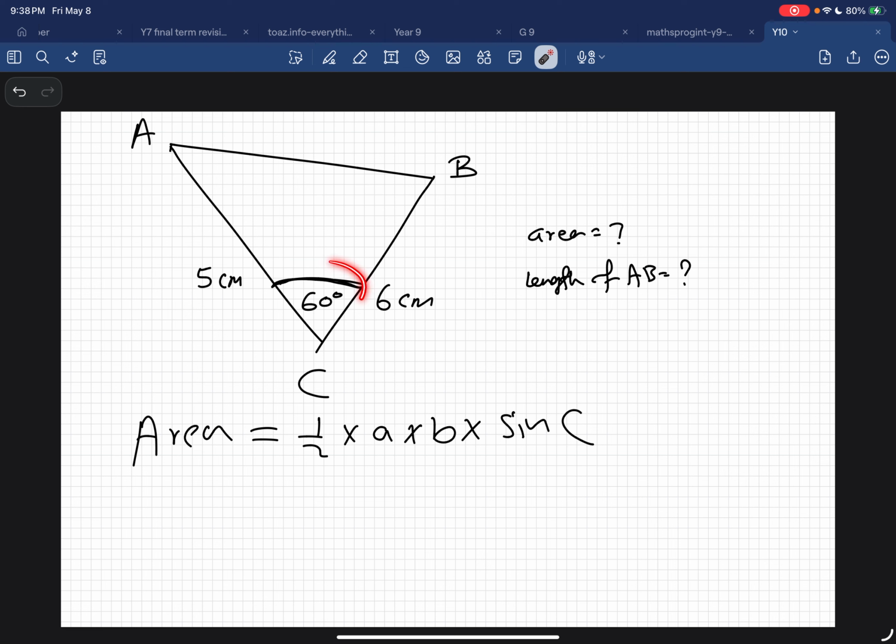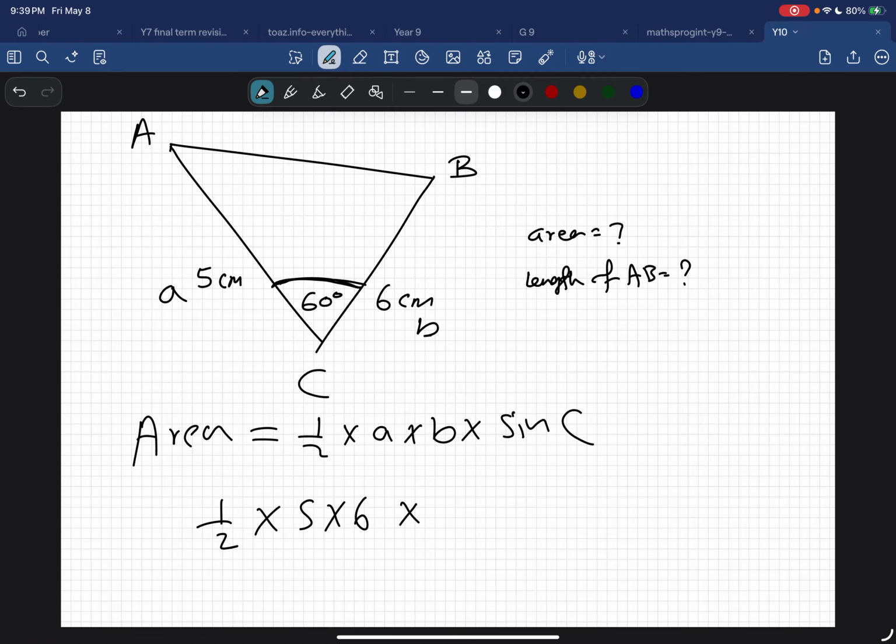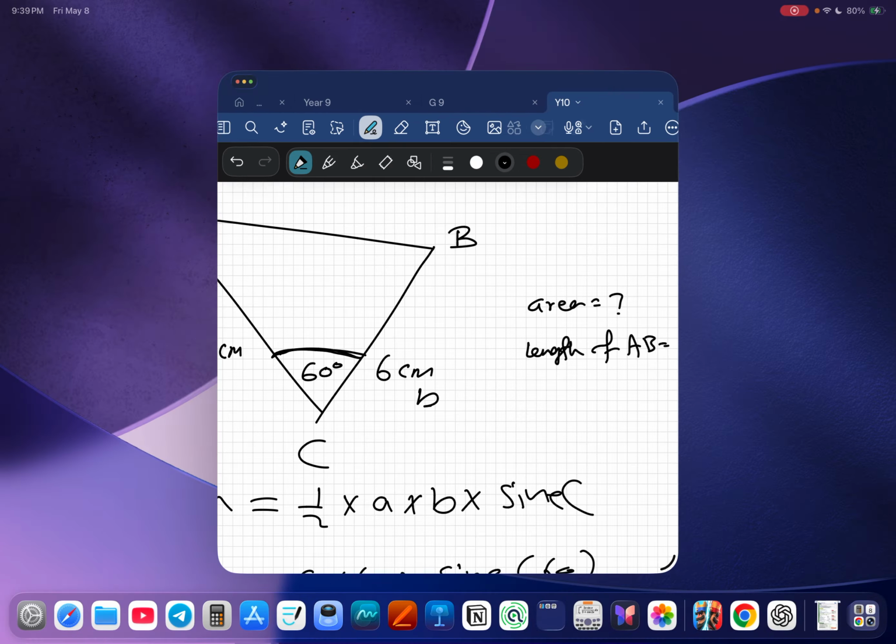Okay? This angle is C, so this side is going to be A, and this side is going to be B. Half times 5 times 6 times sine 60. Let's do it.